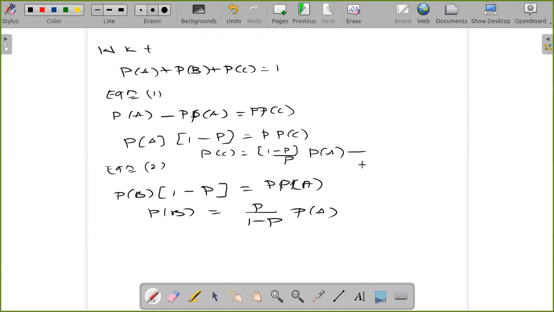Now substitute these two in this equation to get one value. P of A should be substituted as P of A only.